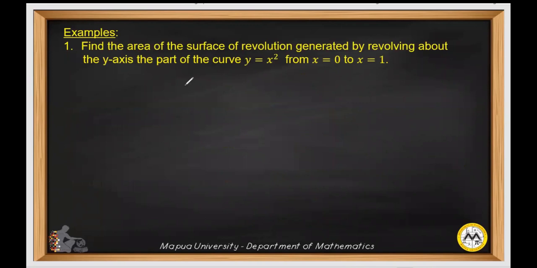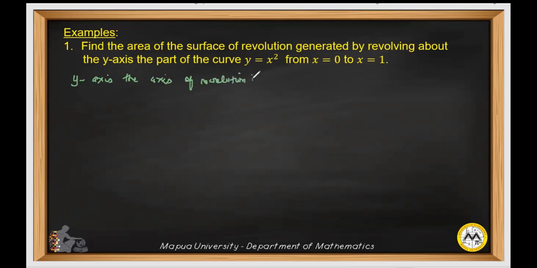The first one is to find the area of surface of revolution generated by revolving about the y-axis that part of the curve y is equal to x squared from x is equal to 0 to x is equal to 1. Since we are revolving about the y-axis, the y-axis is the axis of revolution.